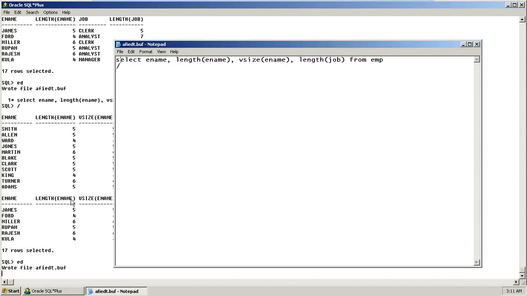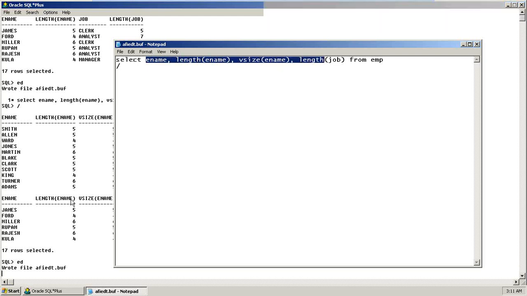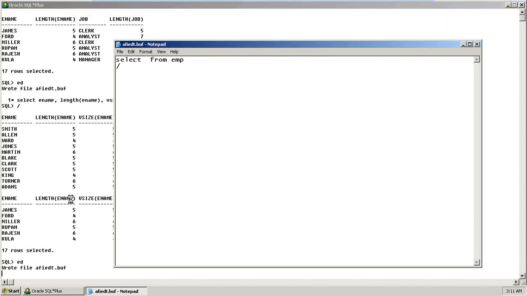But whereas numbers, if you see, I hope already I have shown you, but still. So the number 123 is a number. Then length of number 123, then vsize of number 123.